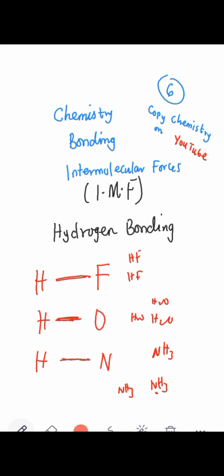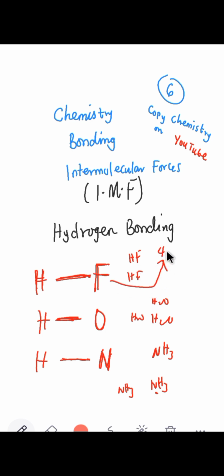So now let's see how the hydrogen bonding is present in HF, which is your hydrogen fluoride. But before we do that, I would just like to reiterate that hydrogen bonding occurs when hydrogen is bonded to very electronegative atoms like these ones here. These are the major ones. They are very electronegative. Fluorine is the most electronegative element on the periodic table.